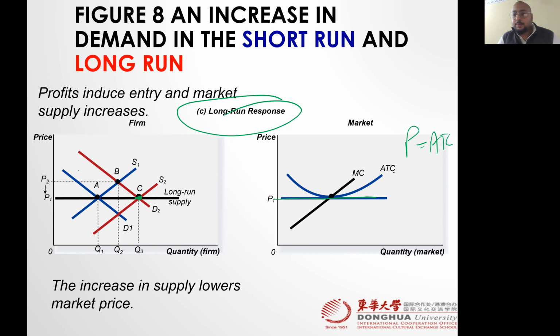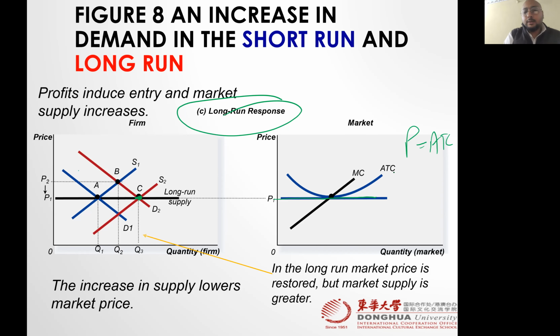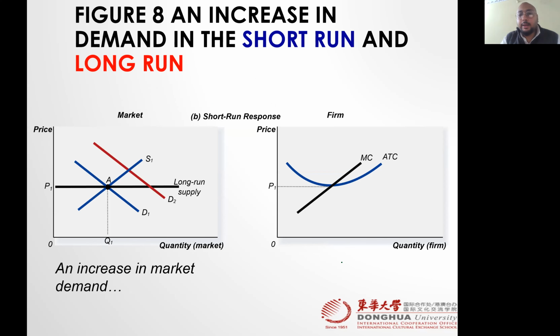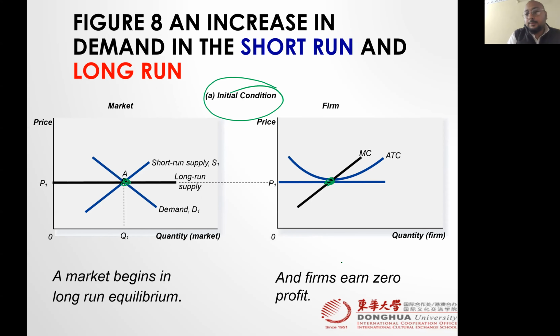So only one thing happened here. If you see here, previously in the initial condition, all the market was producing Q1.